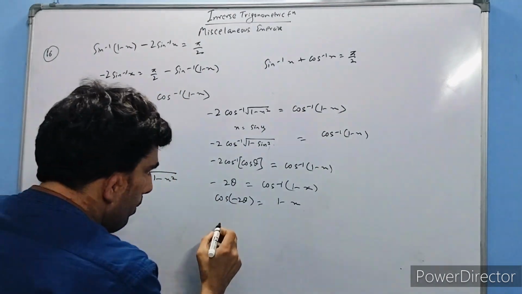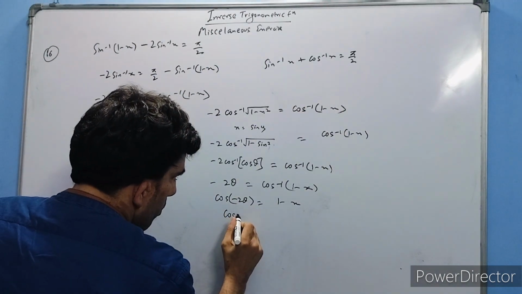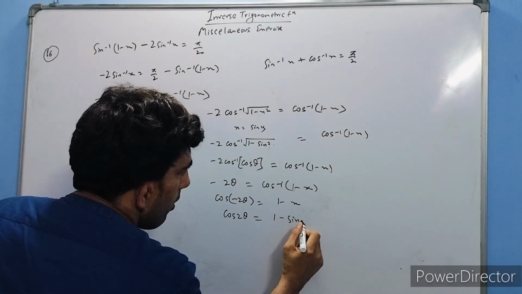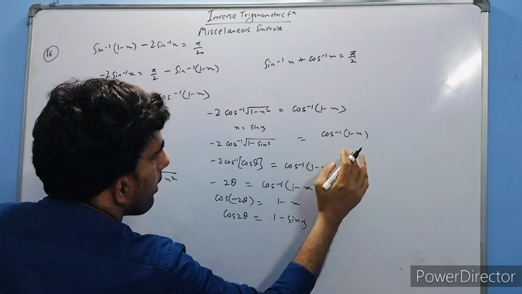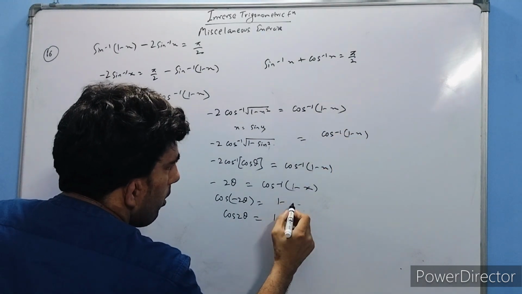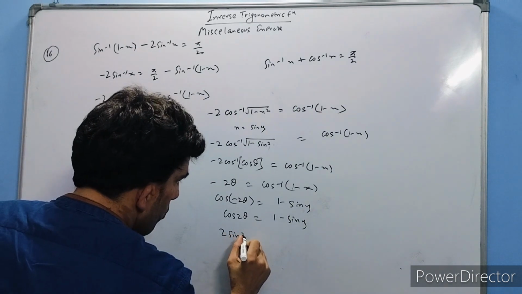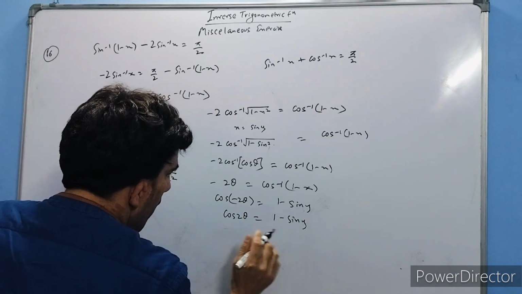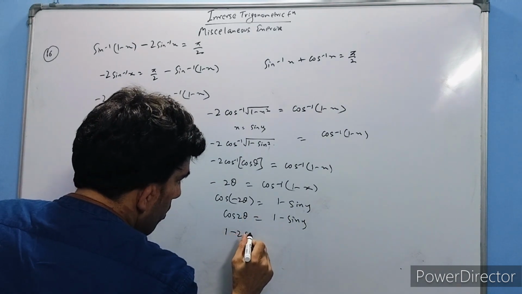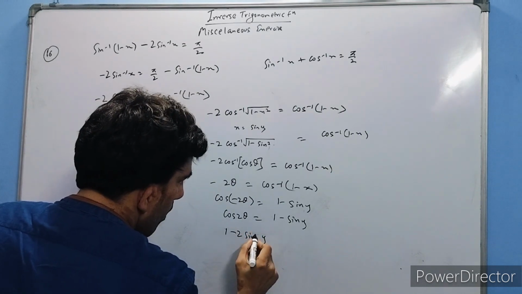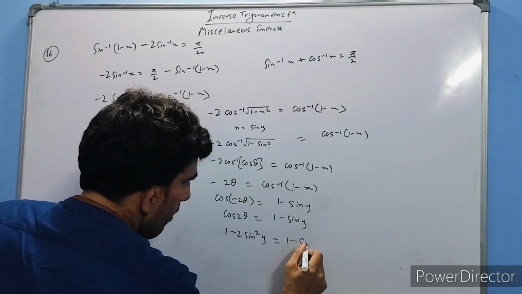Now we can say cos 2 theta is equal to 1 minus sin y. We have taken x as sin y, so we put sin y here. I can write this as 1 minus 2 sin square y is equal to 1 minus sin y.